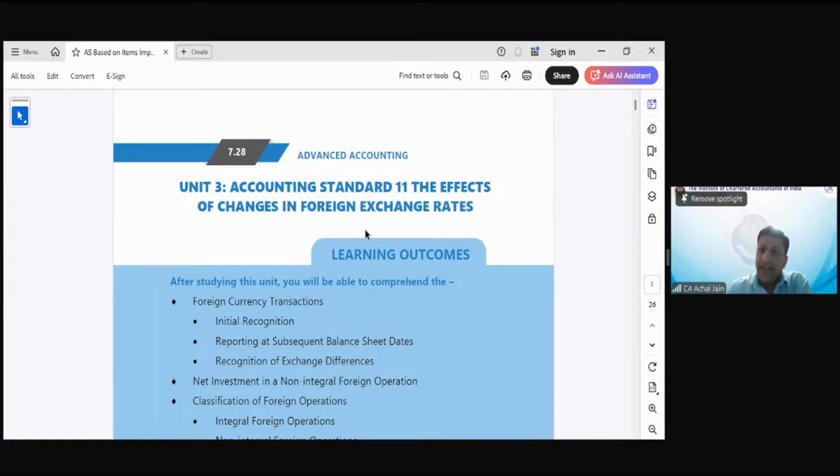Okay, so let me just clarify a few points over here. One, under the accounting standard regime, you do not follow any depreciation rate. The government has not given you any depreciation rate. That's the first point. I think maybe you have not been able to cover AS10, so I would request you to please revisit AS10.